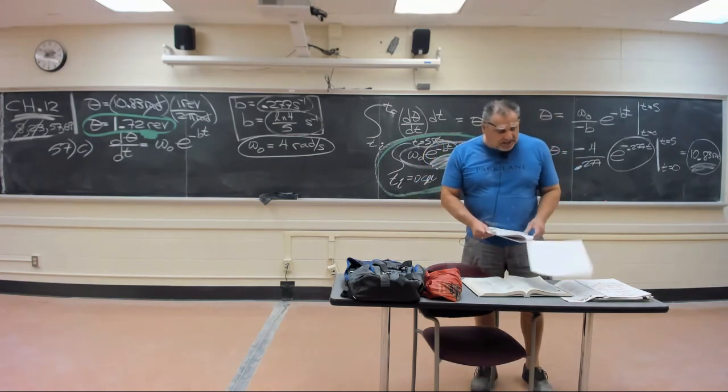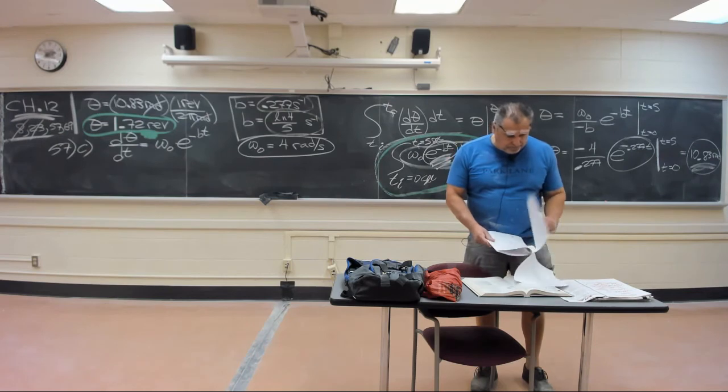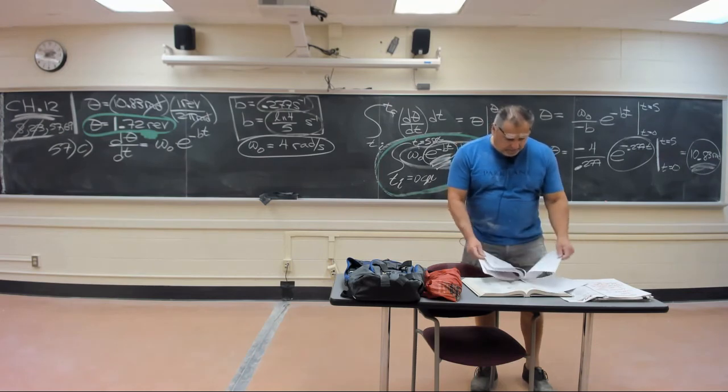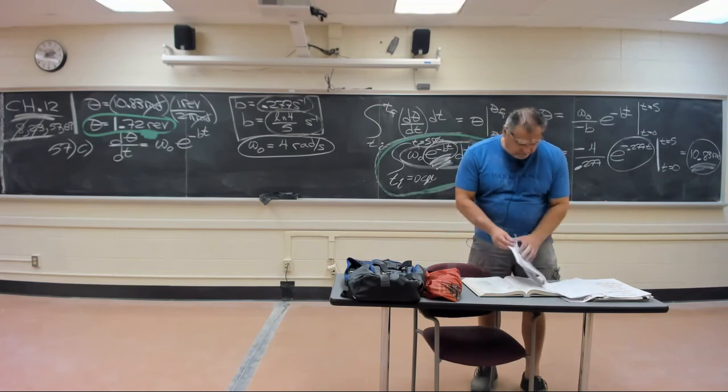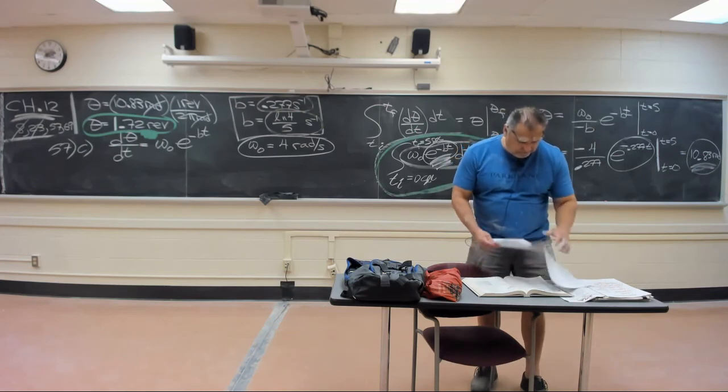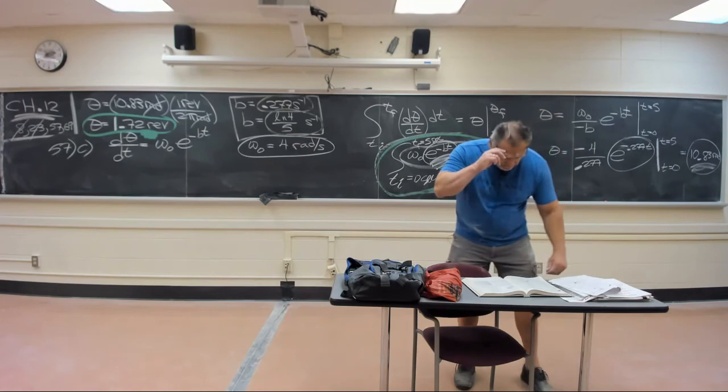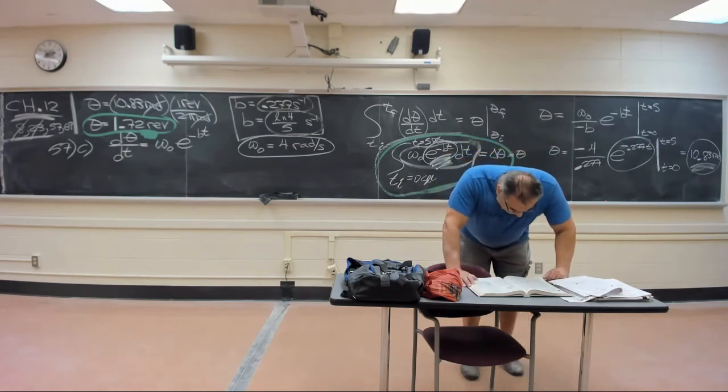Let's go to problem number 69 and see how this plays out. So problem number 69: the propeller of an aircraft accelerates from rest. That means from a dead stop, not moving.